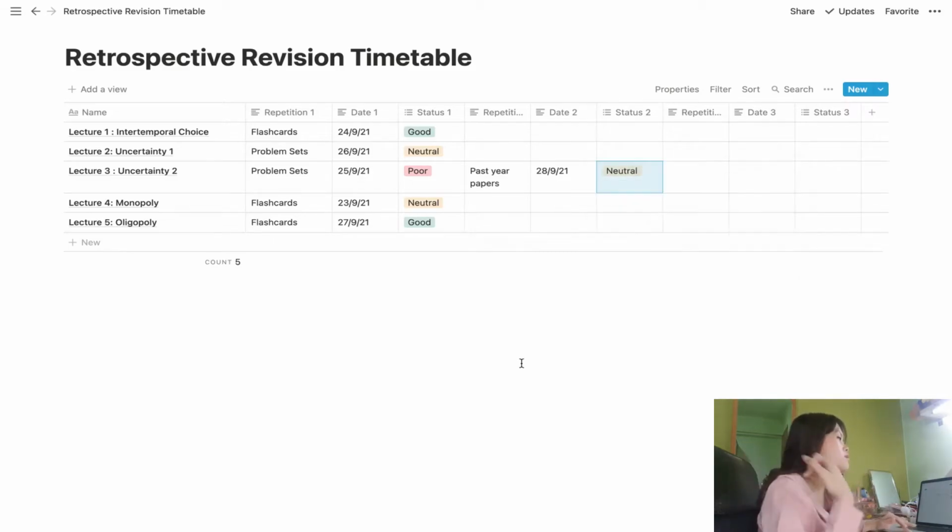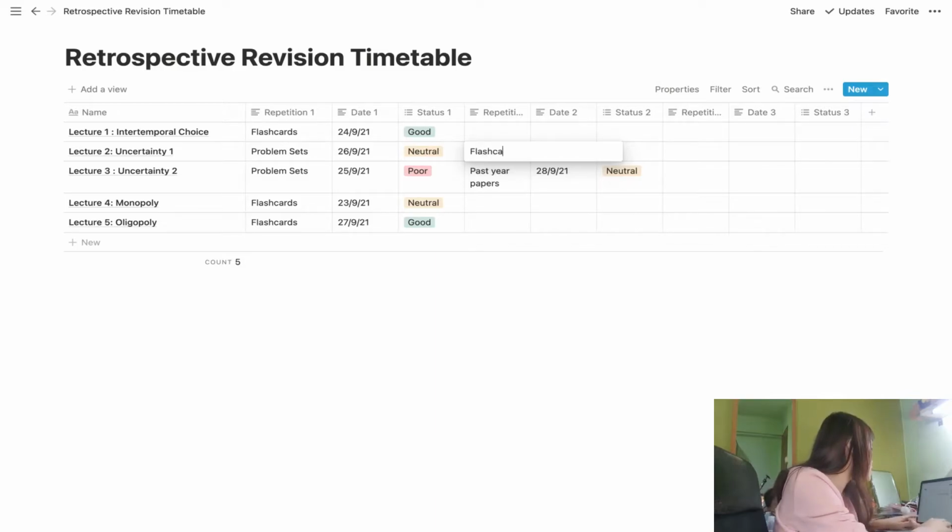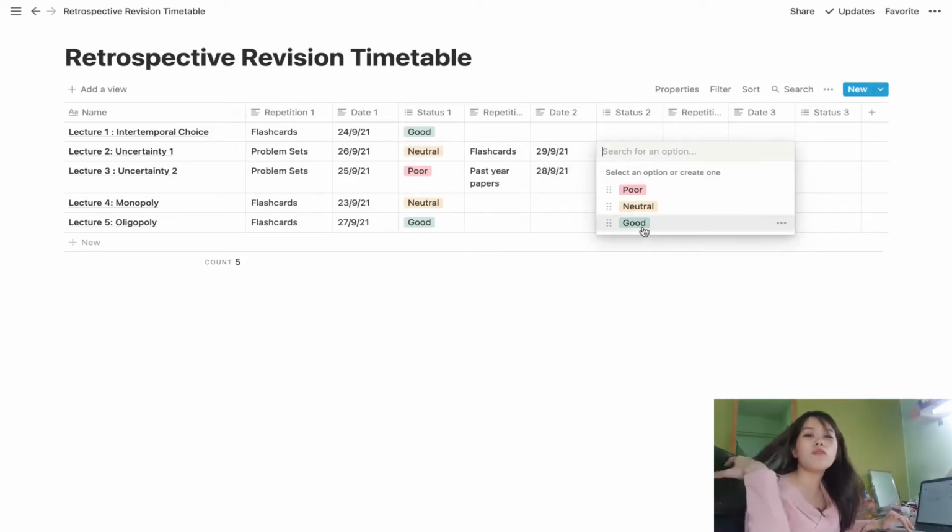And then next, looking at the next few chapters, the next one I should focus on is either Lecture 2 or Lecture 4. So maybe I will do Lecture 2 first. And maybe this time I test myself with questions from the flashcards which I have written. And I put here flashcards, 29 September. And maybe now, hooray!